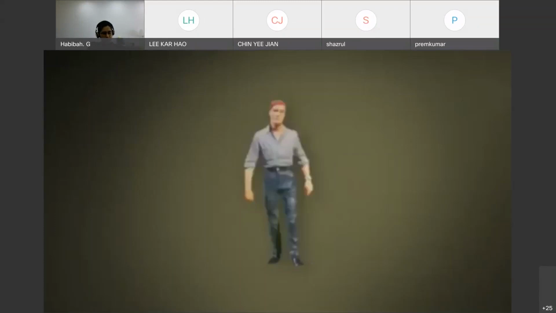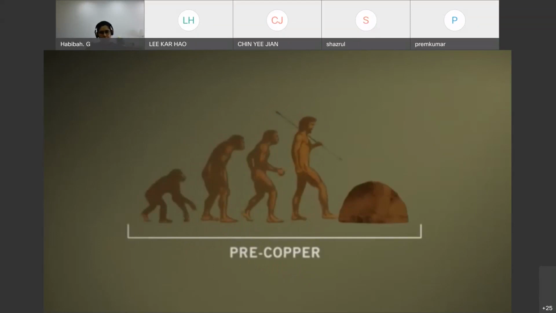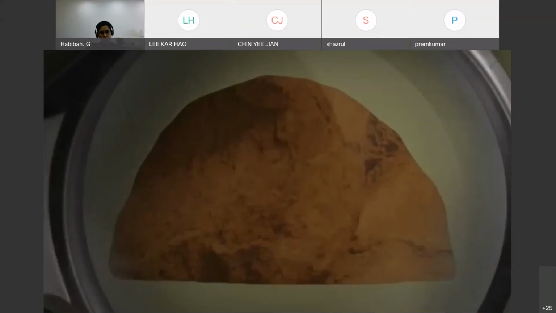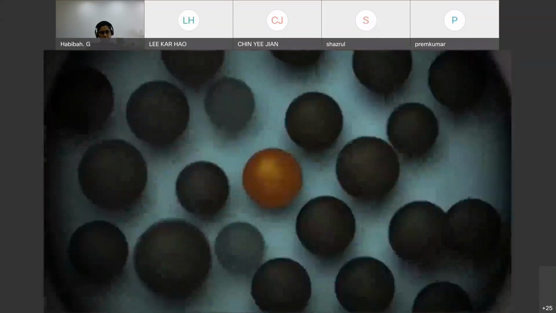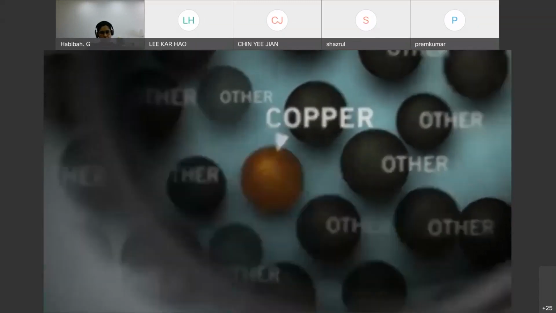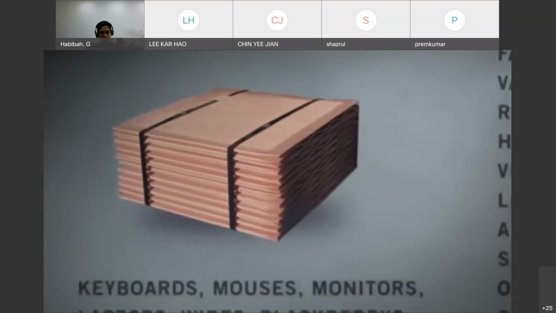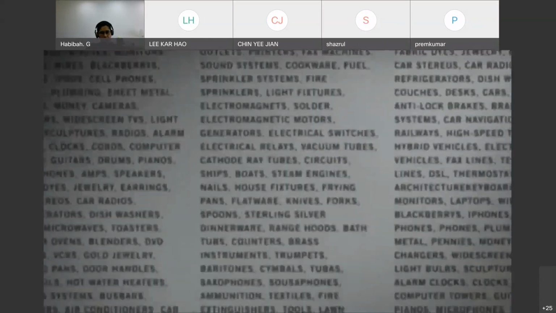In other words, without copper, your life would be downright primitive. So now that you know how important copper is, let's talk about how it's made. Or to be more accurate, let's talk about how it goes from this, a basic element mixed in with a bunch of other minerals and garden variety rock, to this, 99.99% pure copper cathodes manufacturers use to make that long list of stuff you depend on every day.